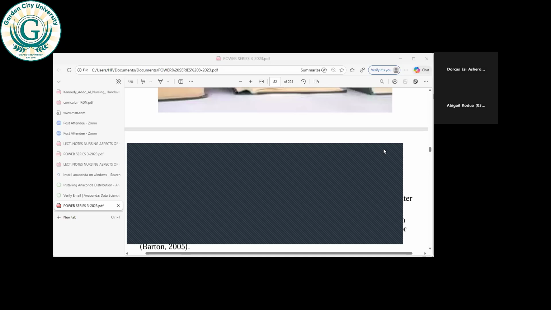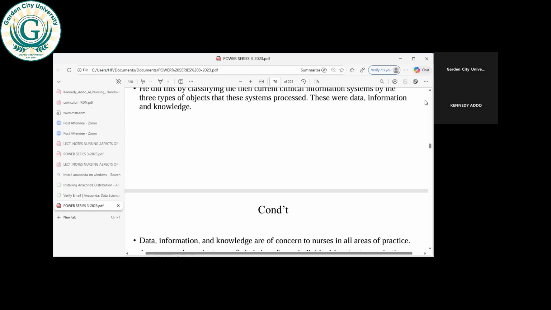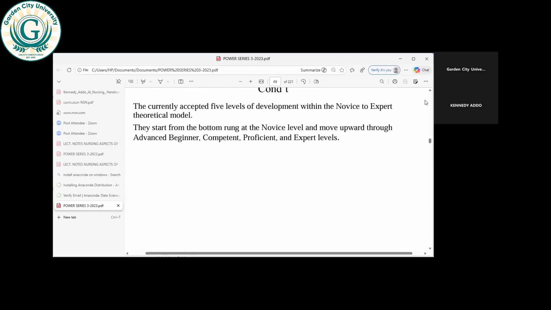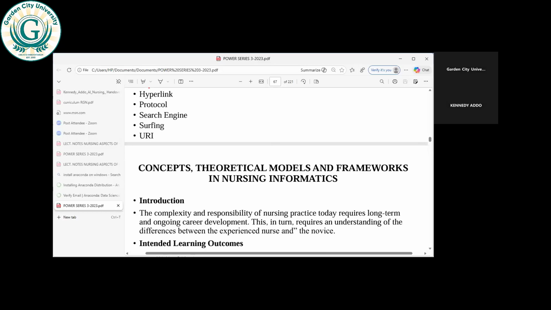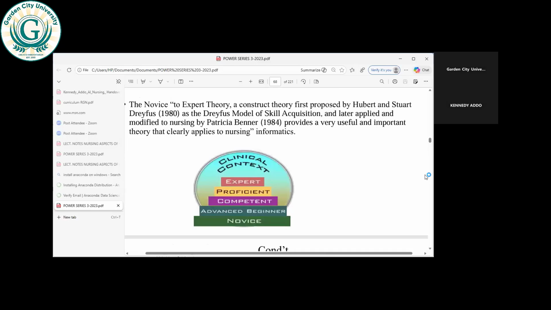Okay, so let's move on. We began by looking at concepts, theoretical models, and frameworks in nursing informatics, where we were guided by the levels of skills acquisition as proposed by Dreyfus and Dreyfus, and later applied and modified by Patricia Benner.